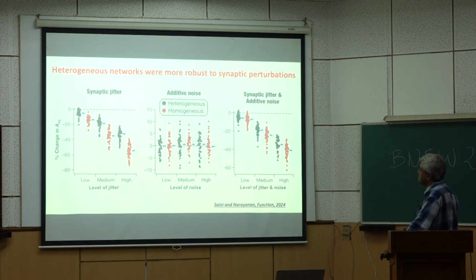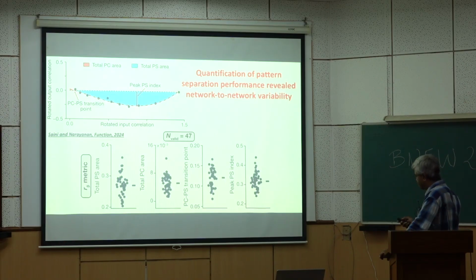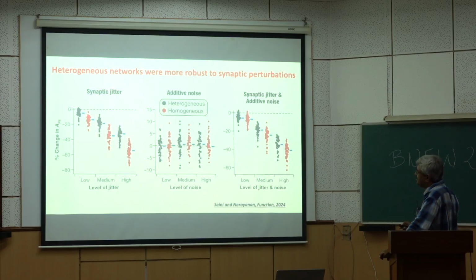Right? So more relevant to this talk, again, when he subjected it to perturbations and looked at heterogeneous versus homogeneous networks, he found the impact on the different metrics that we saw over here in terms of pattern separation. You see that the amount of change that you observe in a heterogeneous network to these perturbations, like additive noise, did not do much.